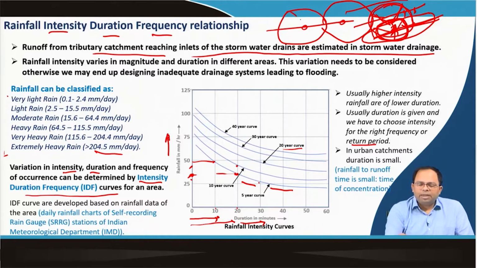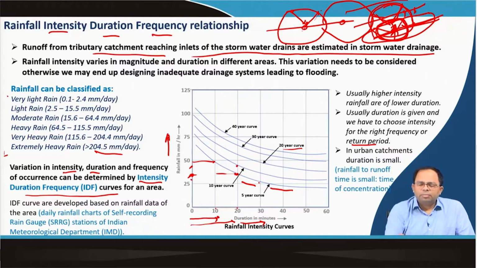The time taken by water to travel from this extreme point to this particular point is the travel time of water along this catchment. This may depend on the slope of that catchment and many other things.